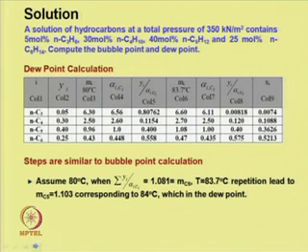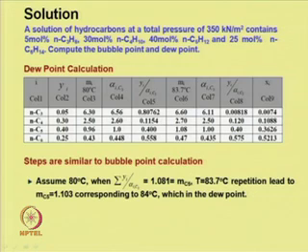Similarly, for dew point calculations, similar steps as we did for the bubble point calculations are followed. In this case, assume the temperature, say 80 degree centigrade, and when the summation over y I by alpha I C5 is equal to 1.081, we can get the corresponding temperature T equal to 83.7 degree centigrade.